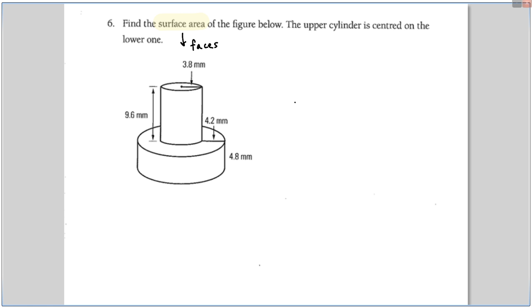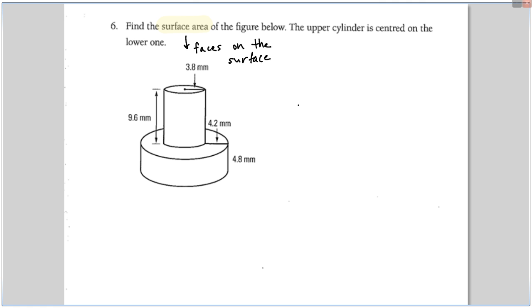Like a face of a shape? So only the faces on the surface. It's not much of an explanation, but for example, there's a circle at the bottom of this cylinder that is not on the surface. So you would have to omit that face from your calculation.